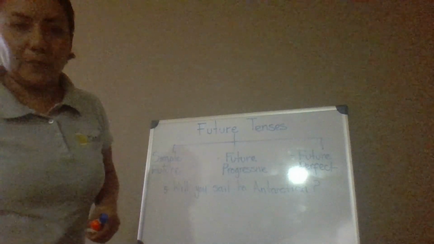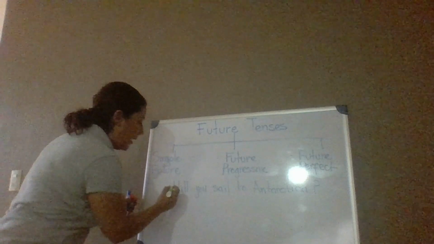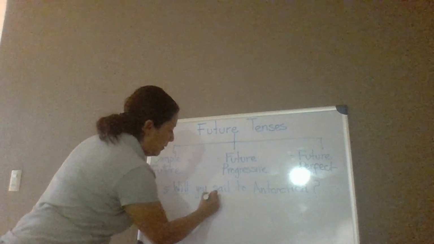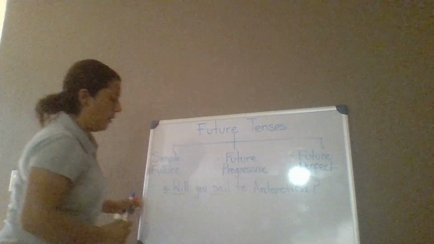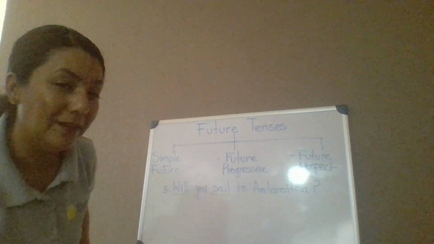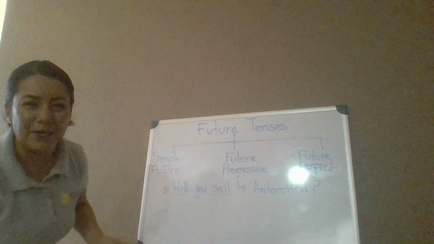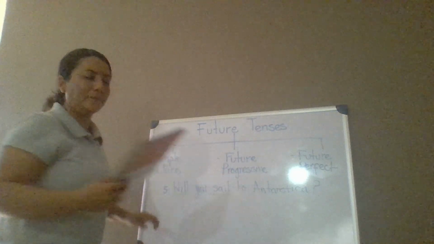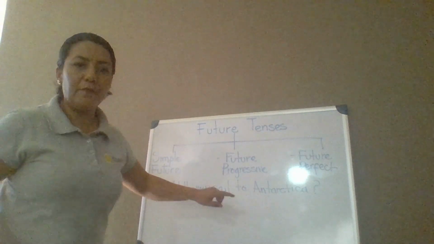And where's my marker? Okay, let's check the parts and the question. Will plus a verb. Oh, that's it. So simple. Which tense has will plus a verb only?